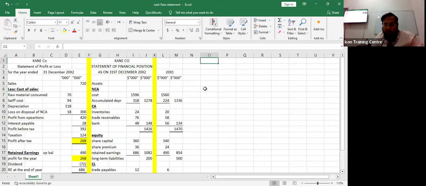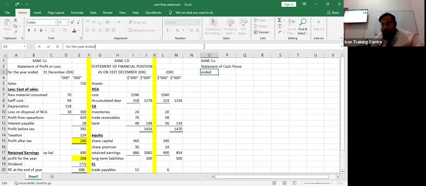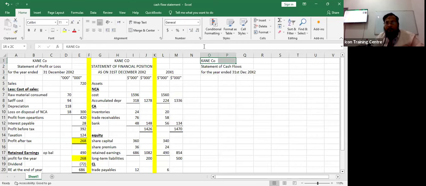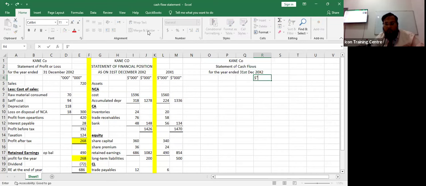So now you have to be very vigilant. Kane company, we are preparing statement of cash flows for the year ended 31st of December 20x2, right?